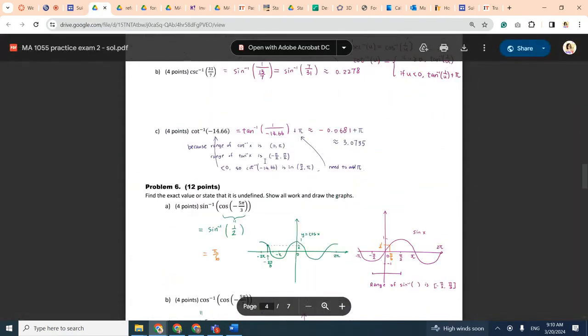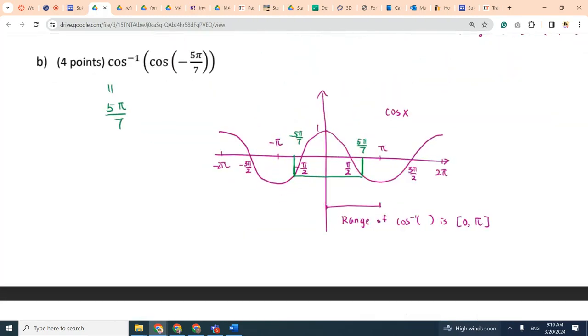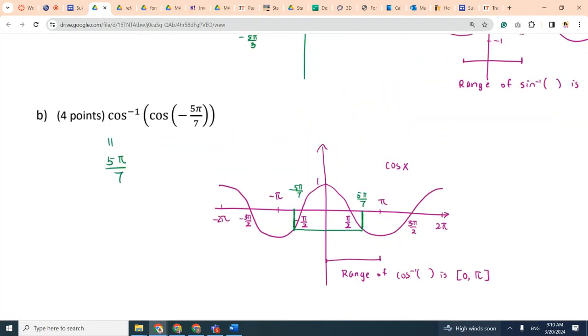Okay, this is the graph of cosine. And negative 5 pi over 7 is here. That's your x. But then, what is the one-to-one piece that we restrict? We restrict to 0 to pi.